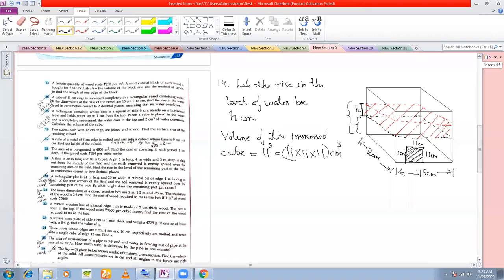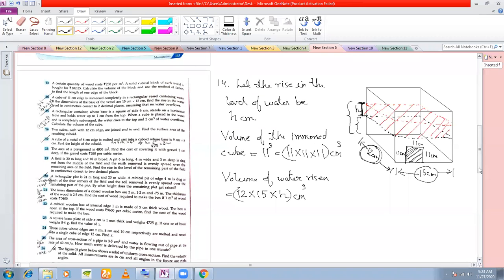Now, this cuboidal column of water: the breadth is 12 centimeters, the length is 15 centimeters, and what is the height of this cuboidal column of water? h centimeters. So what is the volume of water that has risen? Volume of water risen is equal to 12 into 15 into h, centimeter cube.